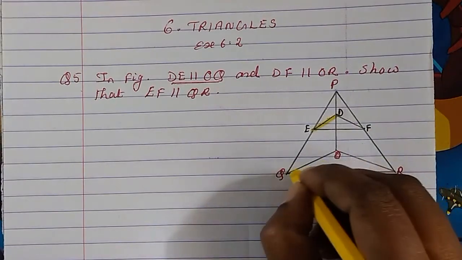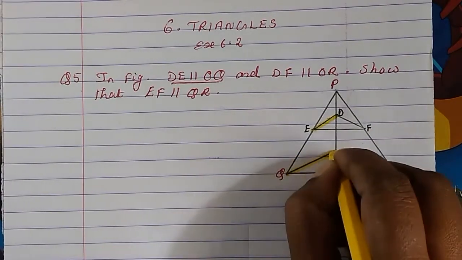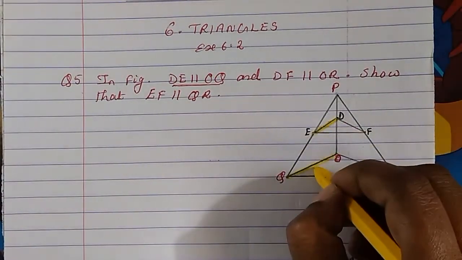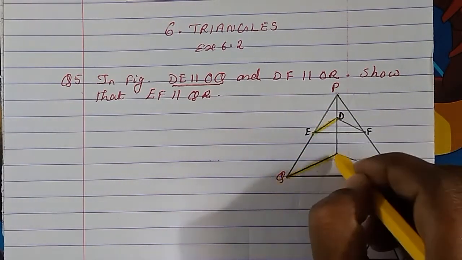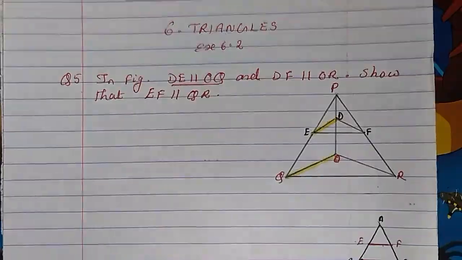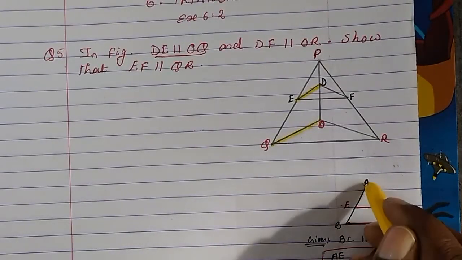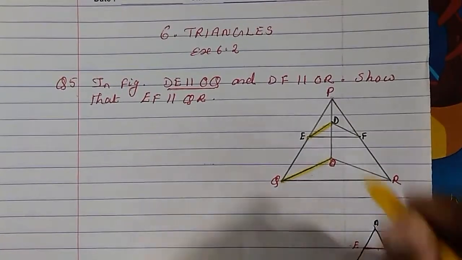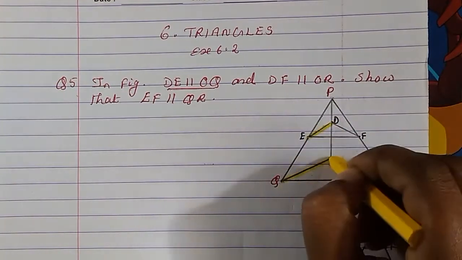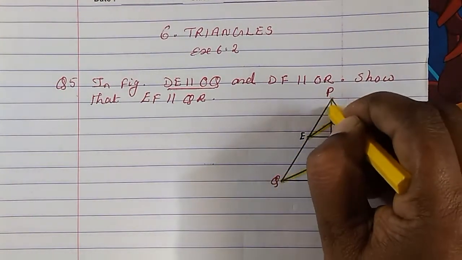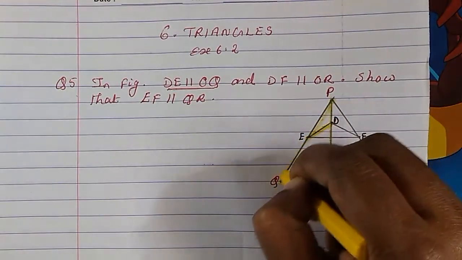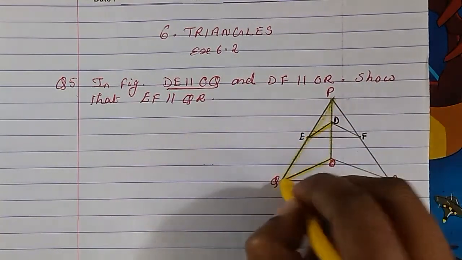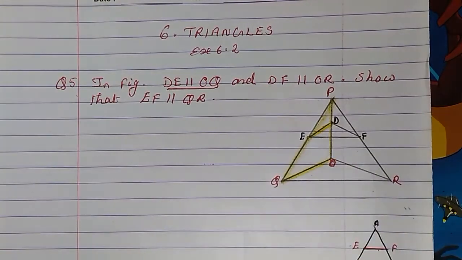So if these two lines are parallel, then PQO will be forming a triangle, because two lines being parallel means it becomes a triangle. So this is our triangle. PQO forms the triangle.